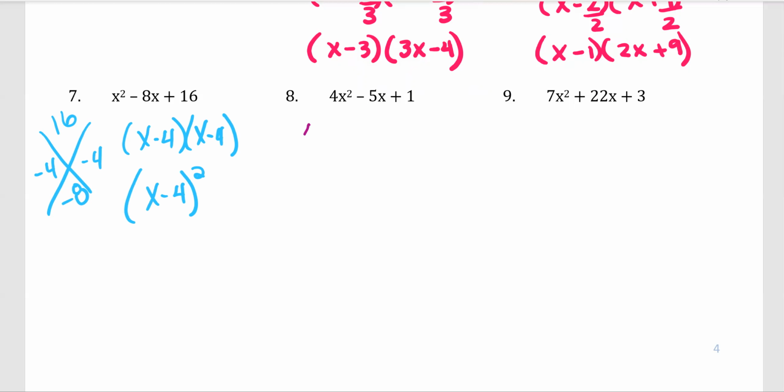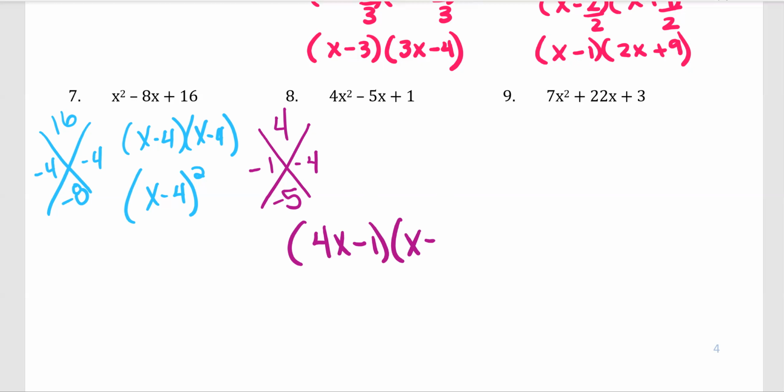Number 8, we need the factors of 4 that add to negative 5. So negative 1 and negative 4. You can factor by grouping, or you can factor using slide and divide. But your answer is 4x minus 1 and x minus 1.